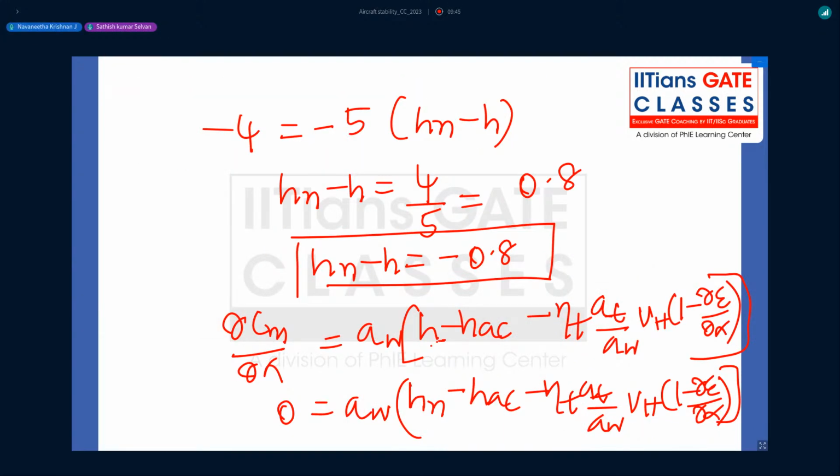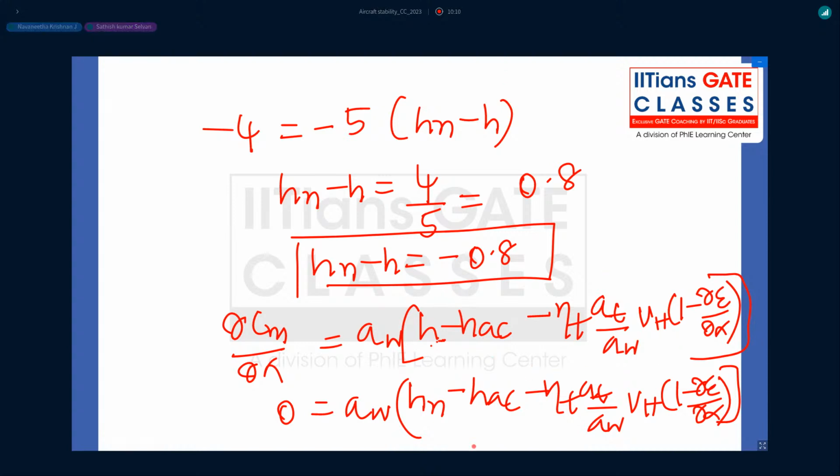This dou Cm by dou alpha, you are only making it 0 to make that H as Hn, correct? Yes, yes. My doubt is exactly that, sir. Oh, you mean to say that the equation itself is different? Yes, for the entire aircraft it is different. This is for the aircraft only.